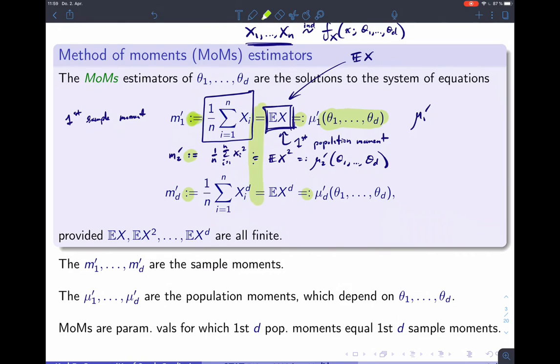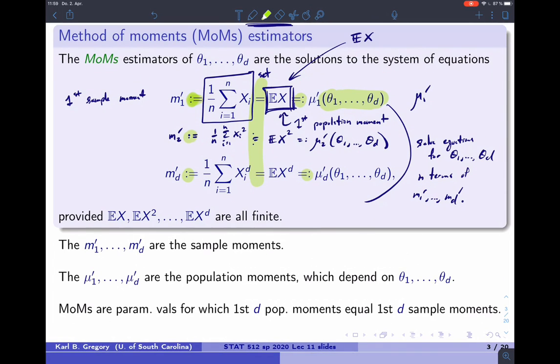So these equalities here, we just set these equal, and then we solve for our unknown parameters theta. So we basically solve equations for theta 1 through theta d in terms of the sample moments m1 prime to md prime.